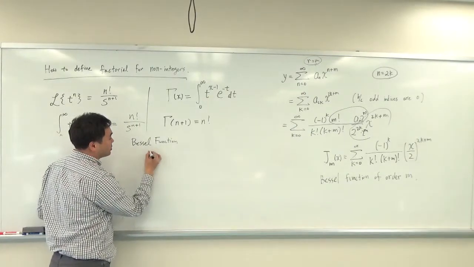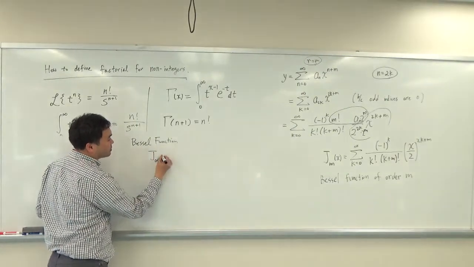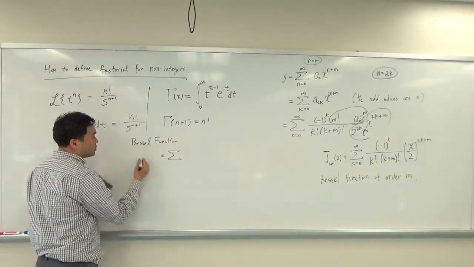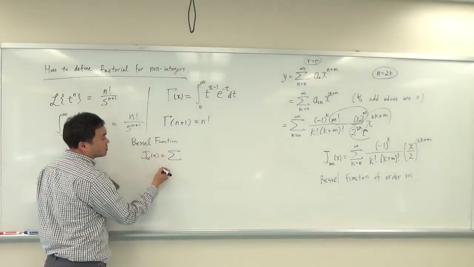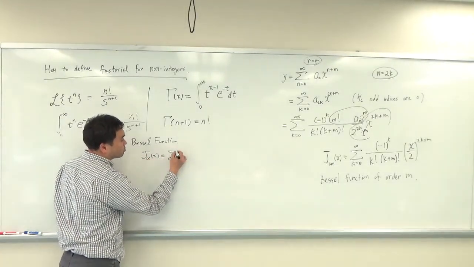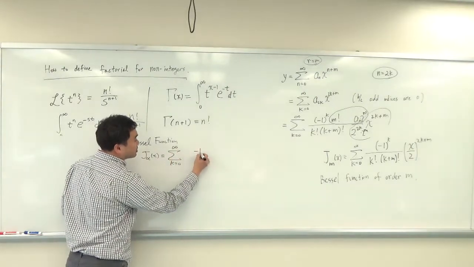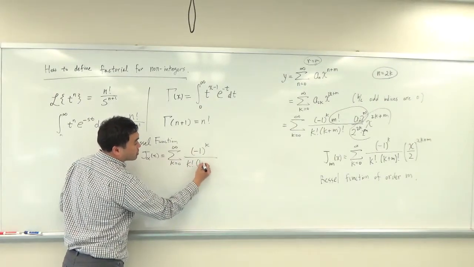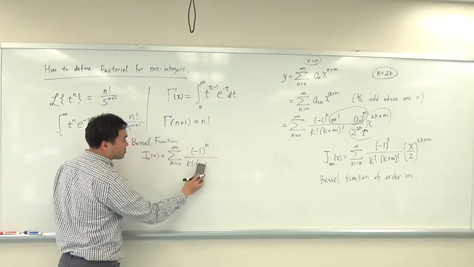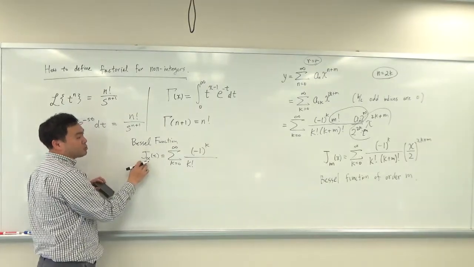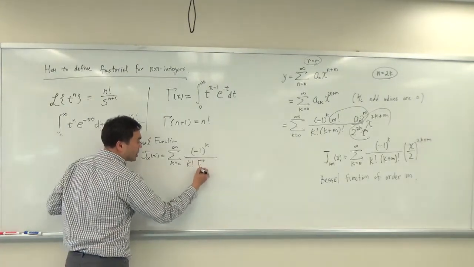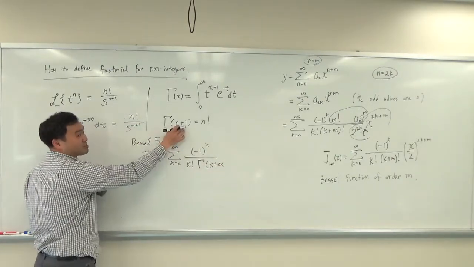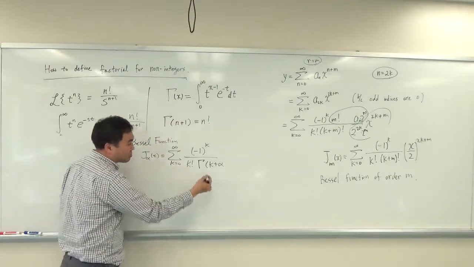J of alpha of x equals the summation from k equals 0 to infinity of (-1)^k over k factorial times gamma function of k plus alpha, but because of this ridiculous definition, you have to put +1 there.